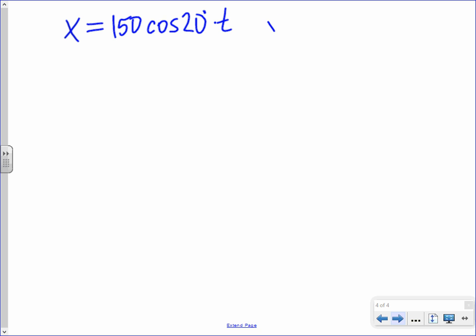And then our y equation, Connor, will you help us out with that one? Negative 16 t squared plus the initial velocity times sine of theta times t plus the height. What's our initial height? 50. So we have these two equations.